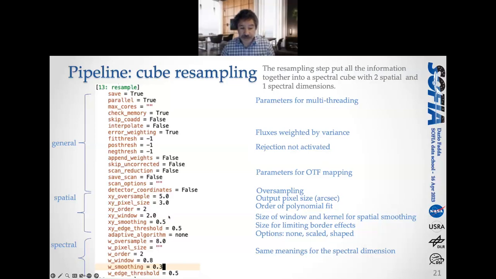So this is the kernel that we are going to use. These are in units of FWHM, essentially the spatial PSF. So what you do here is choose a Gaussian kernel, which has a dispersion, in this case, of half the FWHM, and extends up to two times the FWHM.